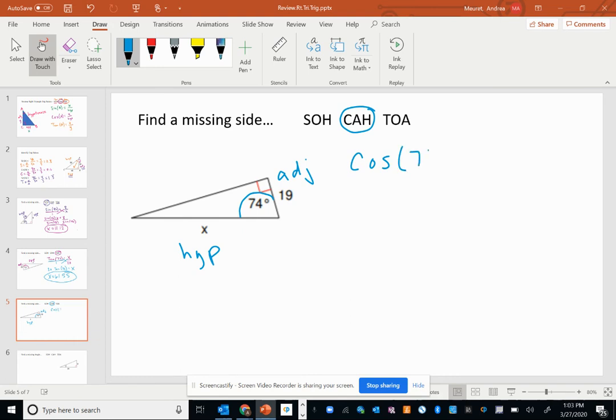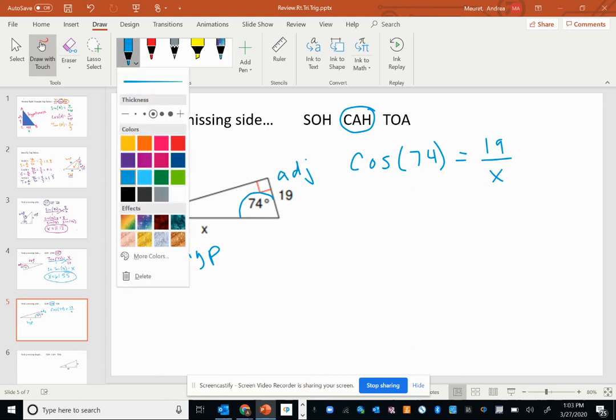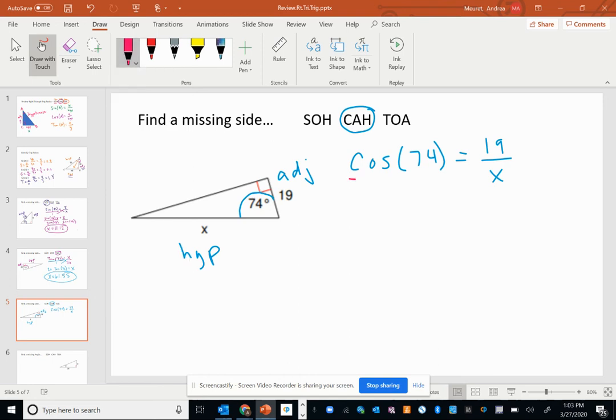So I'll set up my equation. The cosine of 74 is equal to the adjacent leg, which is 19, divided by the hypotenuse, which is x. And so we'll just put a 1 under this.